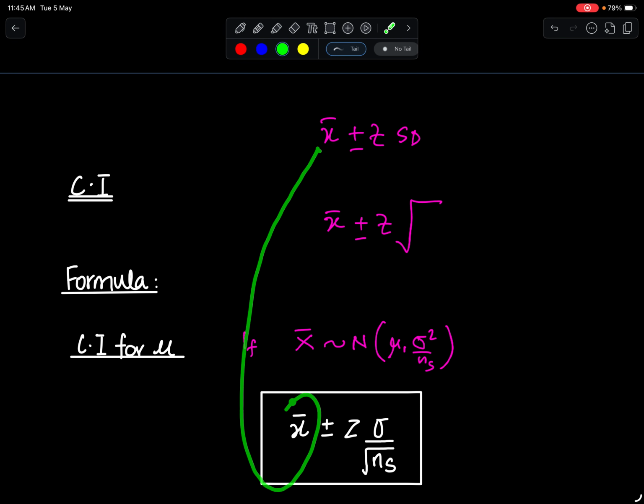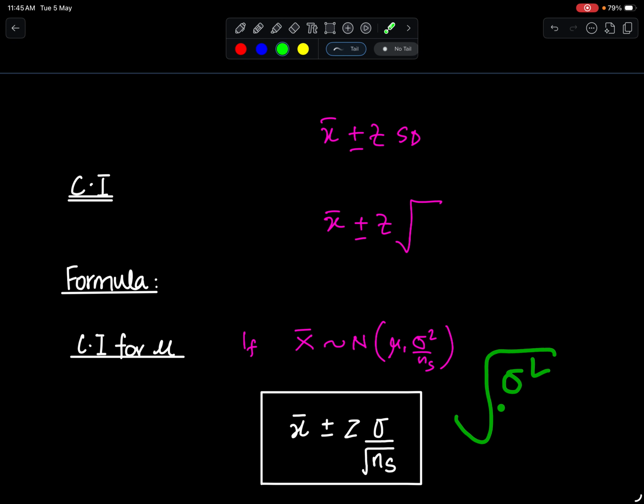So x bar is here, plus or minus z is here, and the standard deviation is here. Sigma square over n_s will become sigma upon root n_s.